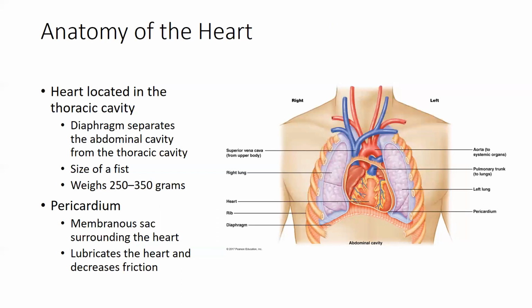So we said the serous membrane was a double-walled membrane that had a transudate fluid, a slippery fluid, which allowed the heart or the lungs to move freely. So the pericardium is the name of that serous membrane that wraps around the heart, and it's going to reduce friction when the heart beats. The heart beats and moves. That sac, along with that fluid, is going to reduce friction and lubricate the heart.